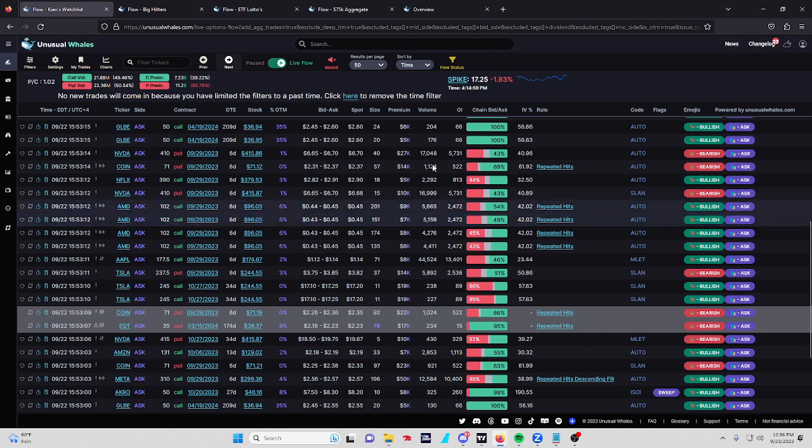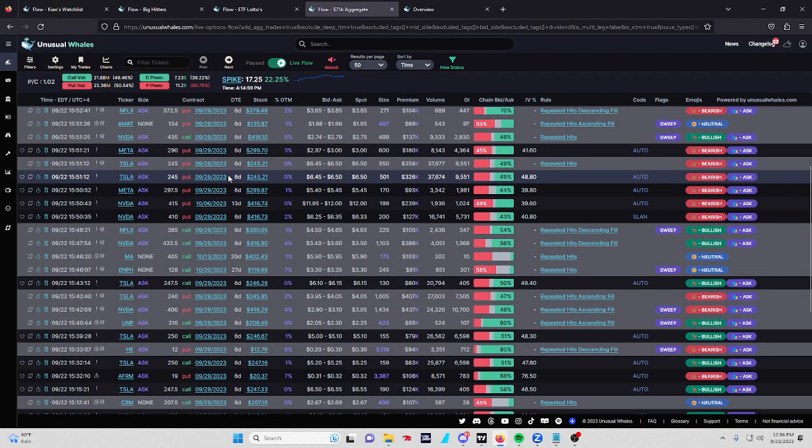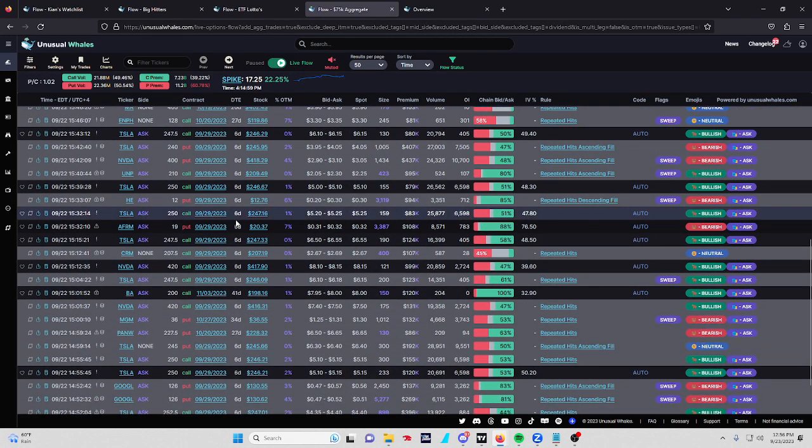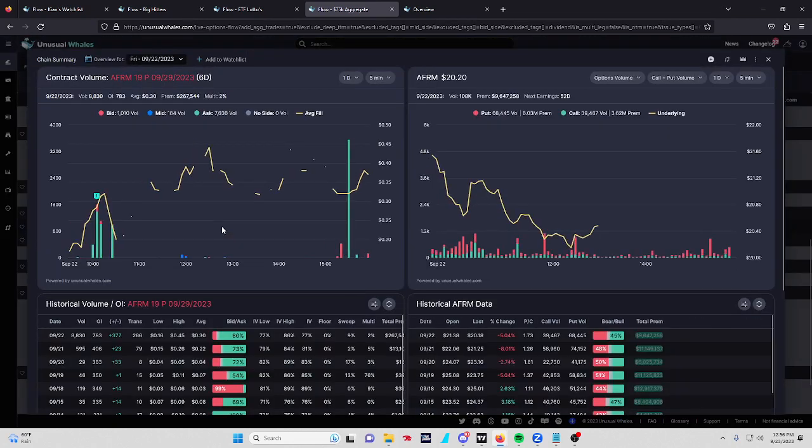That kind of makes it easier for you to read. And I do have other filters as well, like 75,000 aggregate, which basically means any flow above 75,000 in premium, it pushes into one order. So it's much easier for me to see. That definitely helps me organize the flow. So if I can see a FIRM 19 put, for 3,000 in size, 108,000 in premium, that looks good.